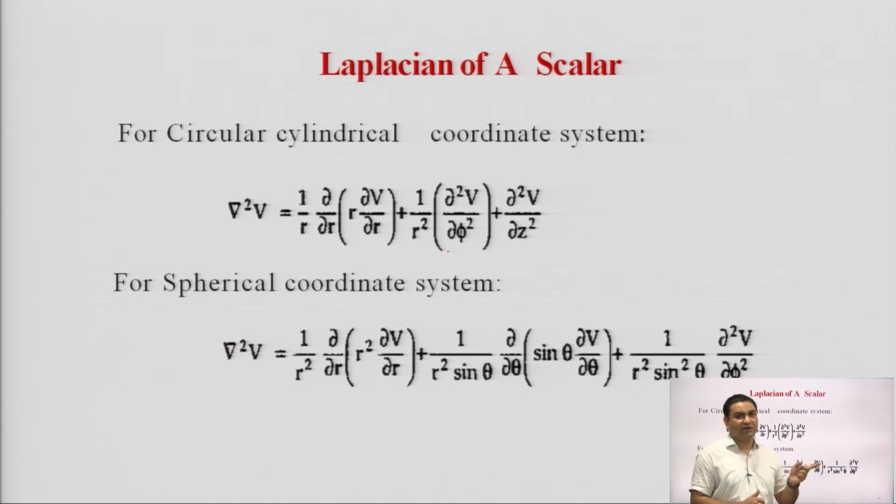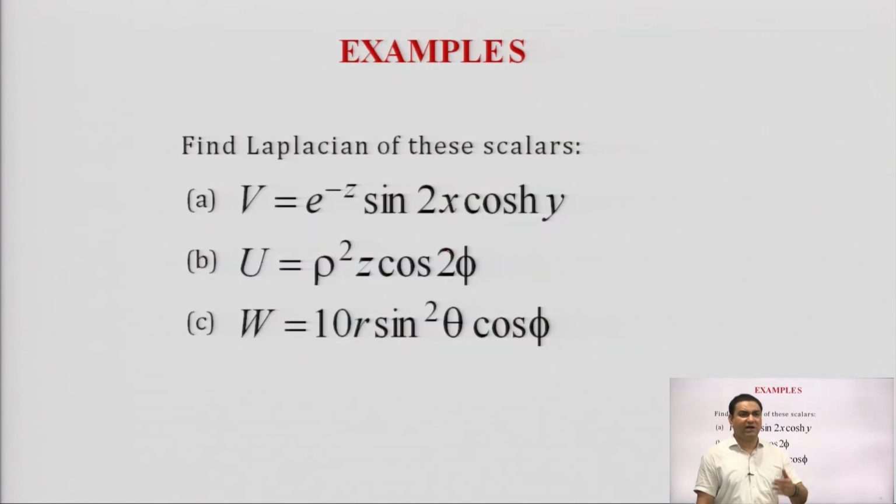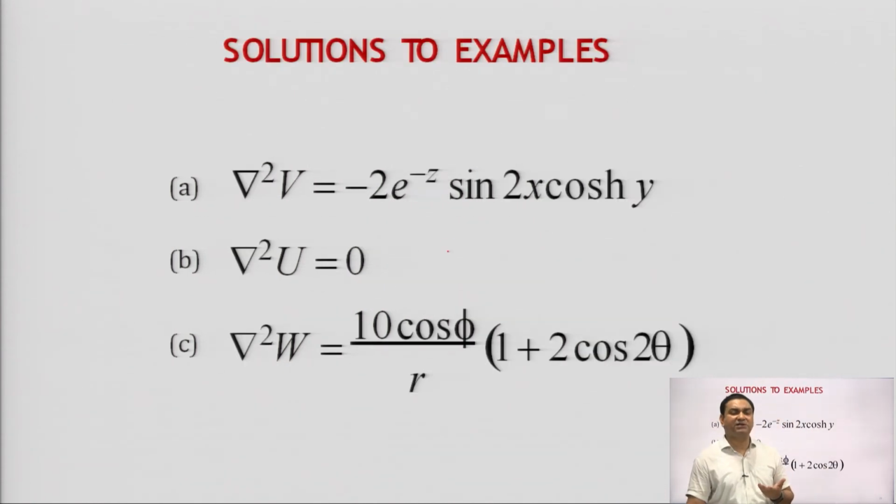As I have already mentioned, the spherical coordinate system and all the operators used in it are the most important aspects of electromagnetic field theory, antenna and wave propagation. On the basis of these things, I have also mentioned some examples in my lecture. You can solve these examples, and answers are also given in my lectures.